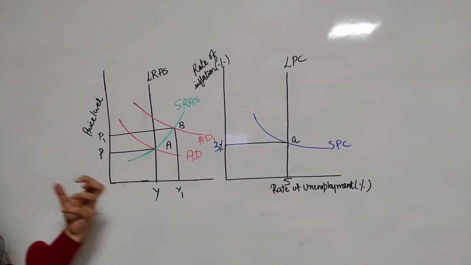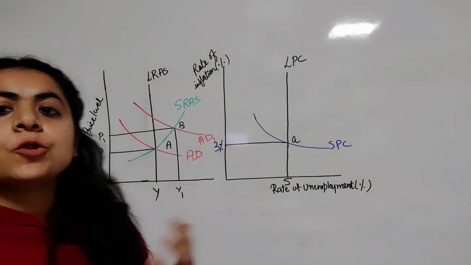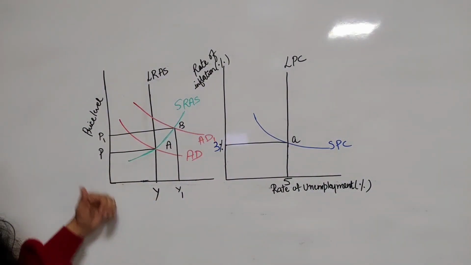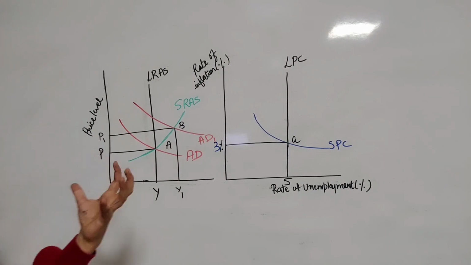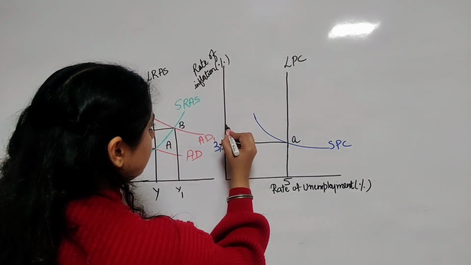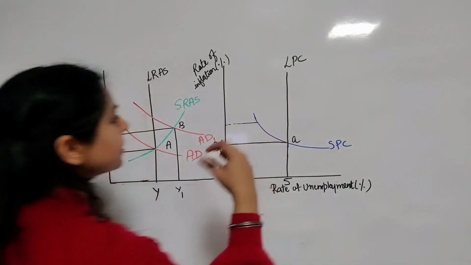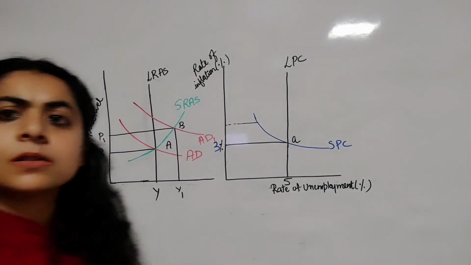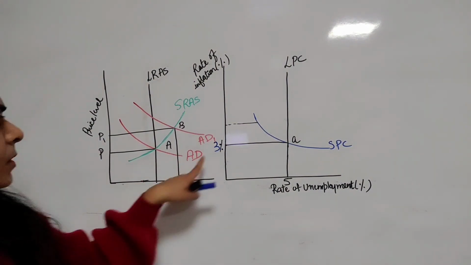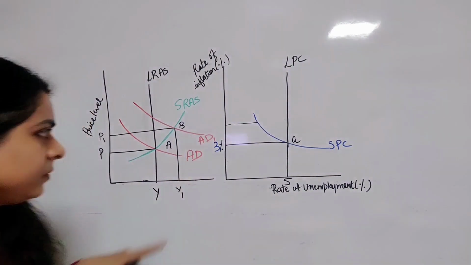Now let's say that there is an increase in aggregate demand due to an expansionary policy of the government, and as a result, more workers will be employed. Here we have assumed that the nominal wages of the workers are based on their expectations of a 3% rate of inflation.